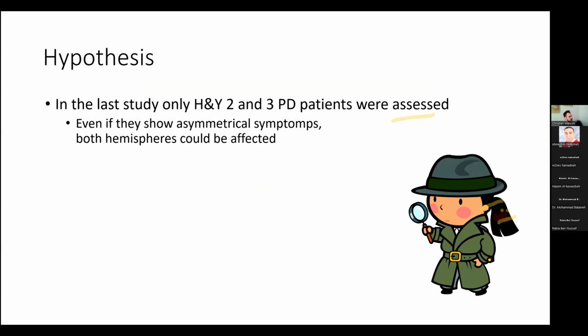But even if they show asymmetrical symptoms, both hemispheres could be affected just by the fact that they are in a very late stage of the disease. So it could be that what we see, this absence of difference between right and left, is just because they are very affected, patients with a long history of this disease.